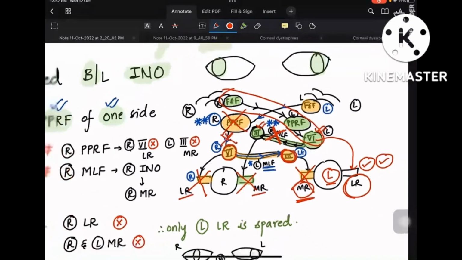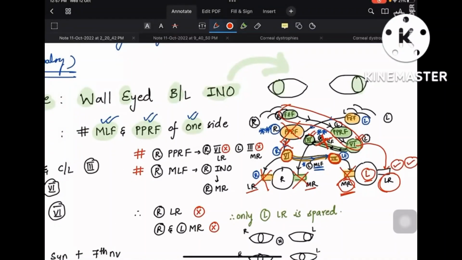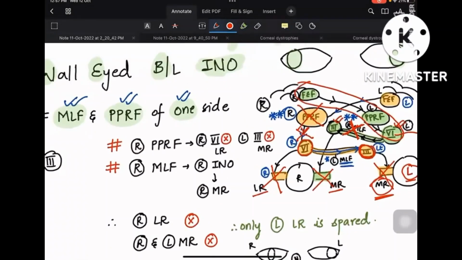So I have written this whole scenario in one single sentence: whenever you have a lesion in the right PPRF, that causes a right sided sixth nucleus lesion, and that causes right sided LR dysfunction, and a left sided third nucleus lesion, which causes left sided MR dysfunction.